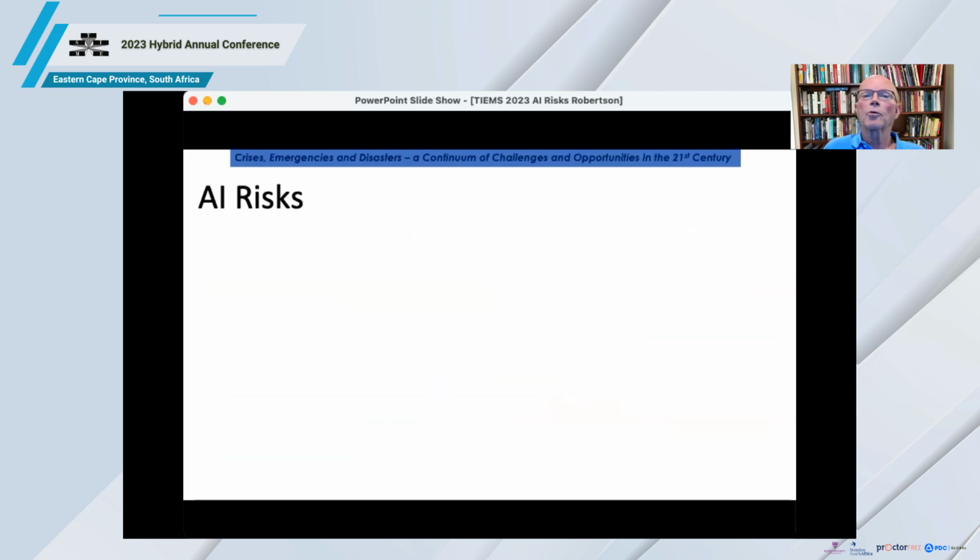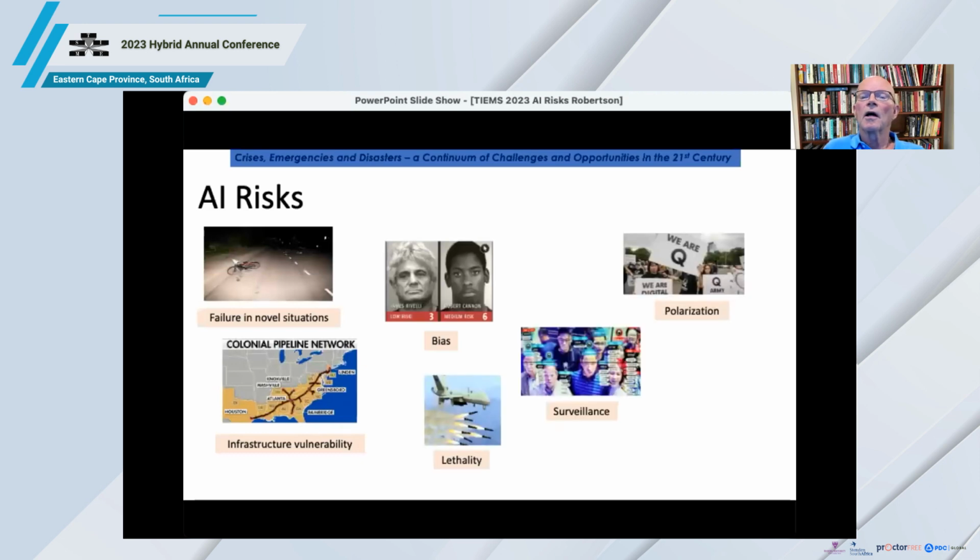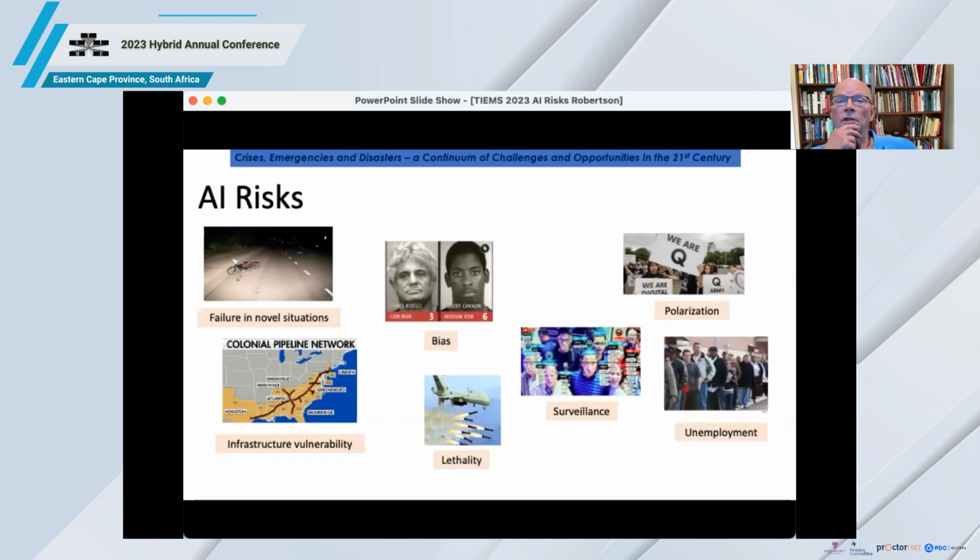Surveillance can be a problem, creating issues with privacy and control. And of course, unemployment. It's believed that especially these new large language models, in being able to create legitimate text, are going to be very disruptive in the white collar world.